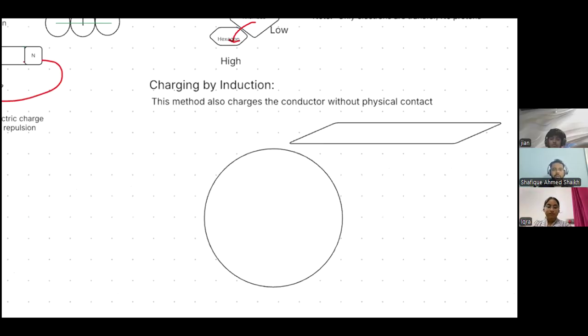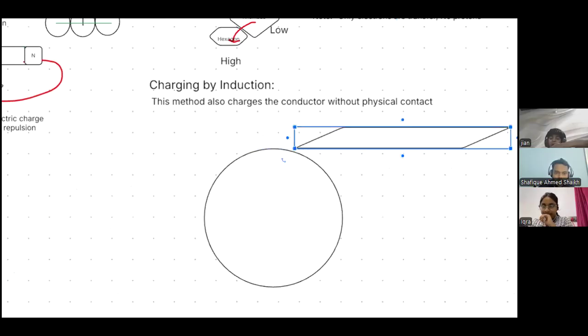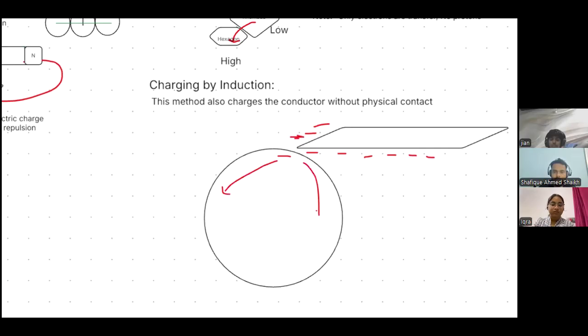Now over here we have got all negative charge. Due to the negative charge of the rod, the negative charge of the sphere will go backwards, correct?